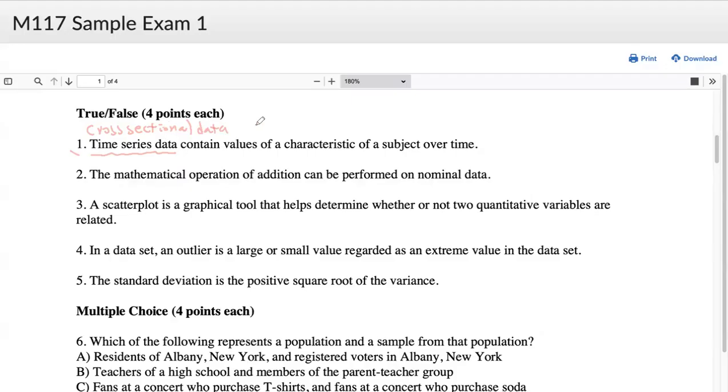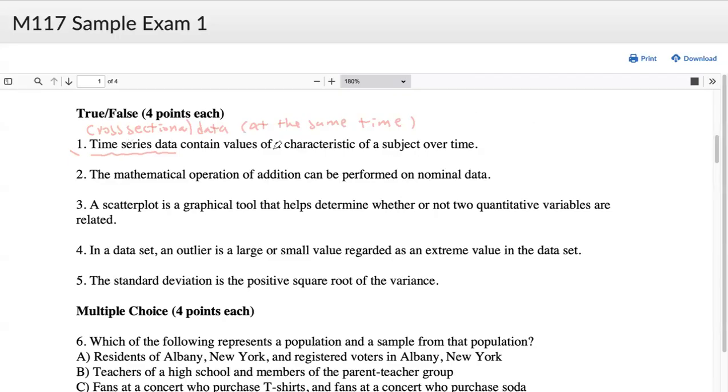Cross-sectional means at the same point of time: the same semester, the same year, the same month, the same day, the same week, so the same period of time. That's cross-sectional. You collect data from different categories.